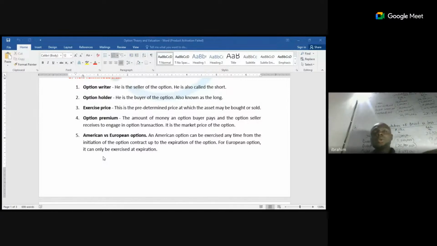What he is trying to do is hedge, to protect his investment against fluctuation. You can't do that in the stock market. When you buy shares now, the share price may increase or decrease. Now you know that one. You can't do anything in the stock market. You can't hedge. You can only analyze.